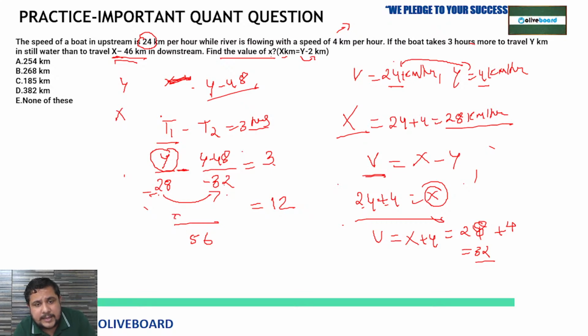So 8y minus 7y, and plus 48 into 8, that is 384. Clear? Is this clear to all of you?